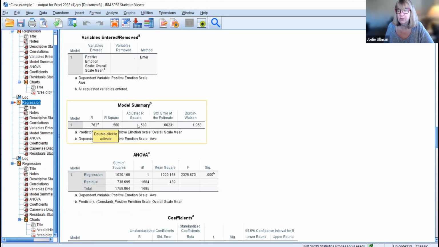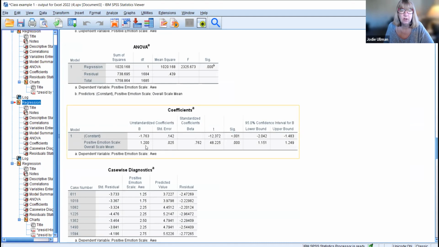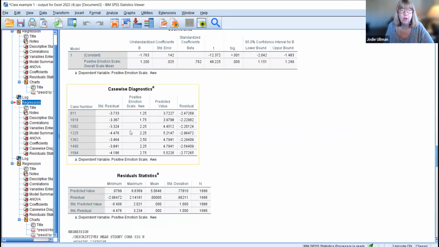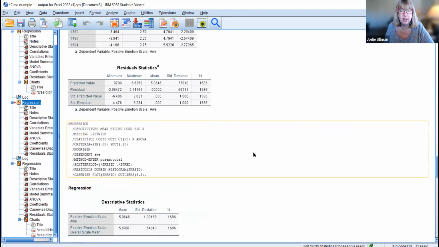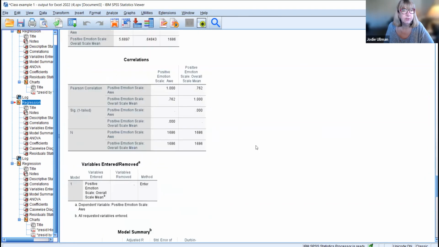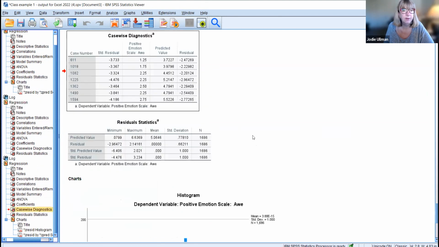At a certain point, statistically, there's no bias. For Durbin-Watson, refer to the section of the text that talks about this type of correlated error. Here's our slope, still significant. We're going to come back to these diagnostics in a second.